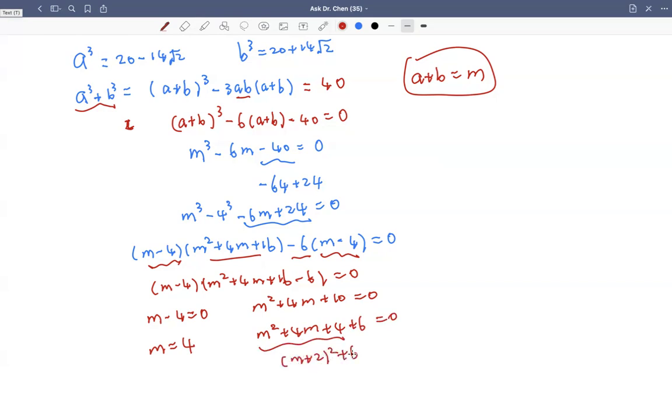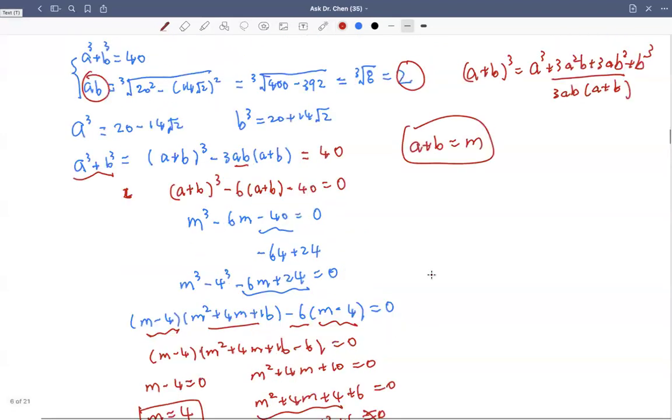We're looking for solutions in the real number system, and there this will never be 0, because the square is greater than or equal to 0, so the factor is at least 6. So this factor cannot be 0.